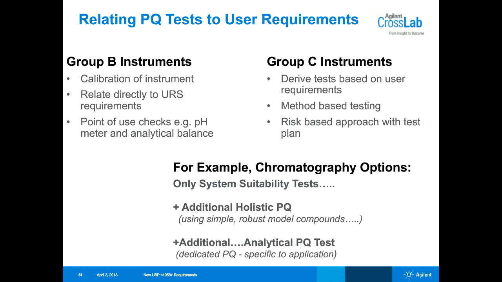That's relatively straightforward. It's a direct comparison of the performance of the instrument versus the user requirements specification. In Group C instruments, however, we typically can't do that. We have to use analytical procedures. And so the methods are based on testing and also are indirectly related to the user requirement specification. So what you have to do in developing your test plan for your PQs of Group C instruments, such as chromatographs, is, am I going to base it purely and simply on method-related system suitability tests?